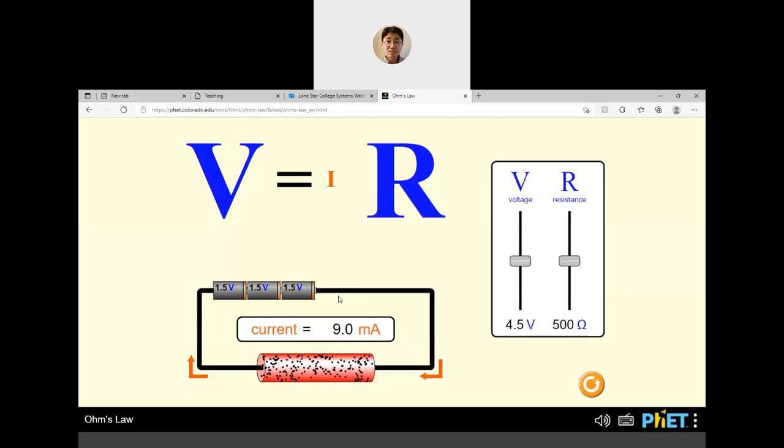Let me show. This is our simulator, and the procedure is like this. Set the resistance slider to 300 ohms. You can move it to 300 ohm.